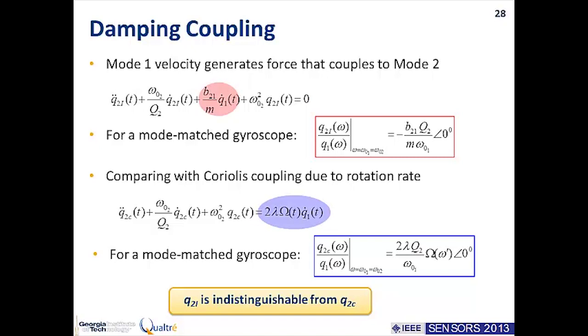There are more reversal type of applications in which you can make this signal look like a common mode with respect to the rate. But probably the best way to get rid of this problem is by doing it in the sensor and trying to design a gyro with low damping coupling.